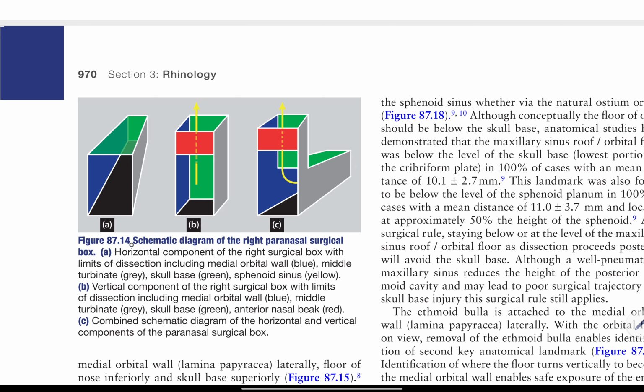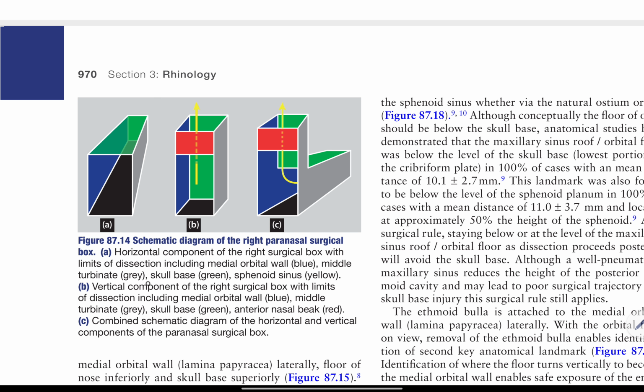Figure 87.14, schematic diagram of the right paranasal sinus surgical box. A is the horizontal component of the right surgical box with limits of dissection including medial orbital wall in blue, middle turbinate in gray, skull base in green, sphenoid sinus in yellow.